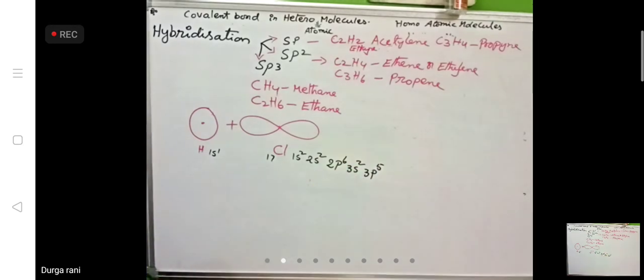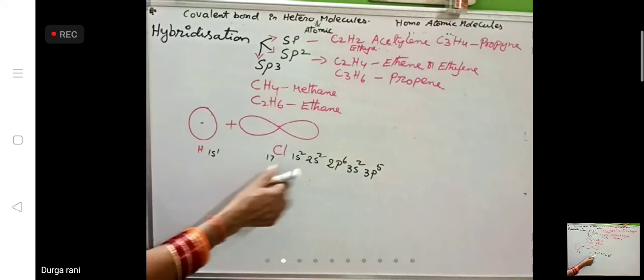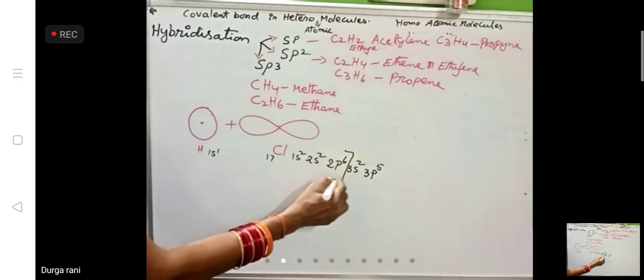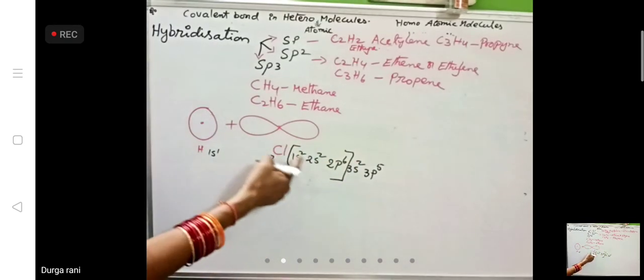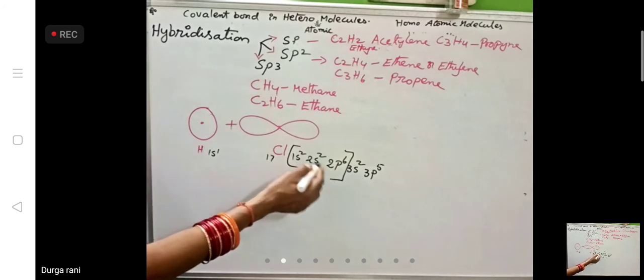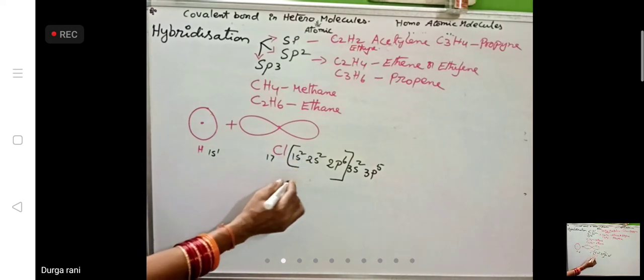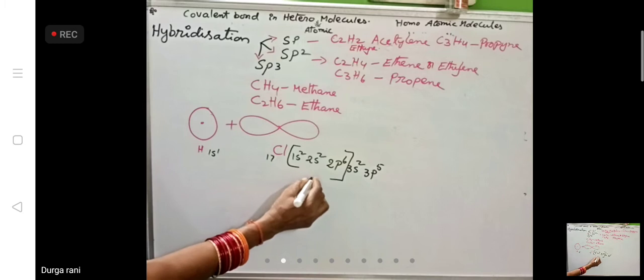Now you found the number 17. 17 is the atomic number. Instead of writing the total, what can you write here? 10 is the atomic number of which inert gas? 10 is the atomic number of neon.